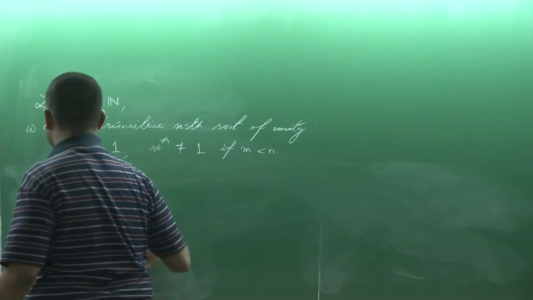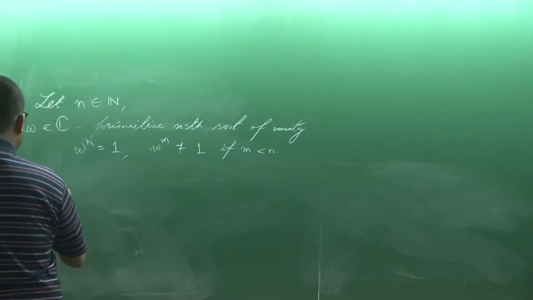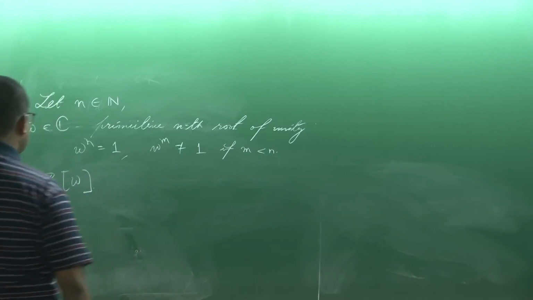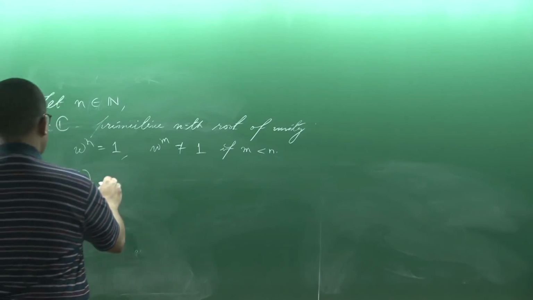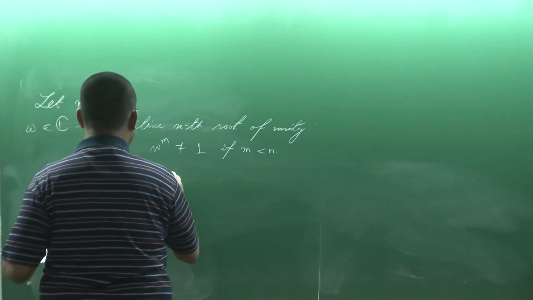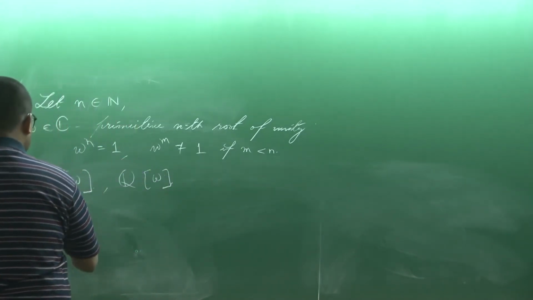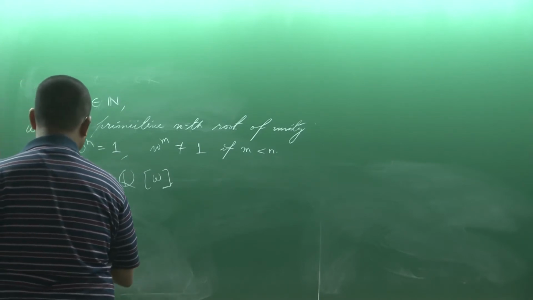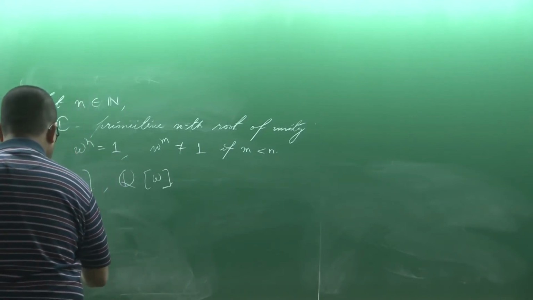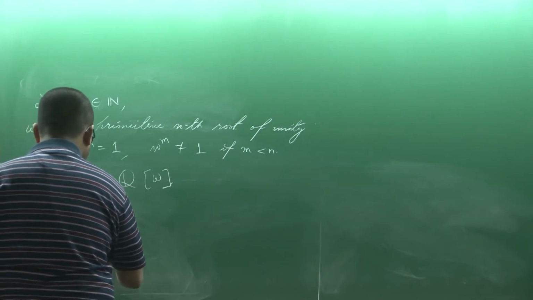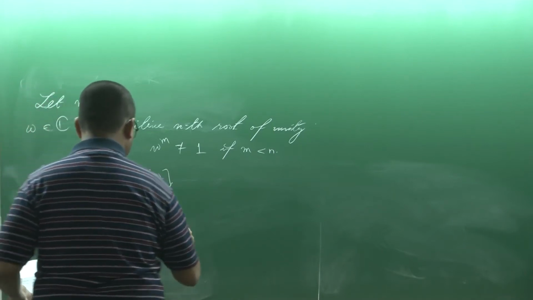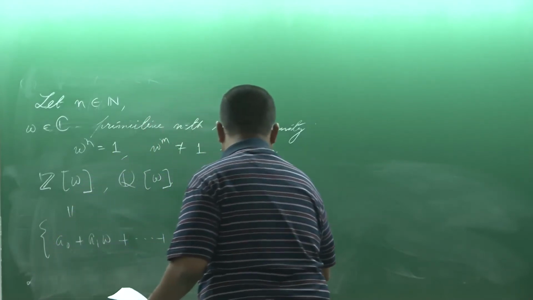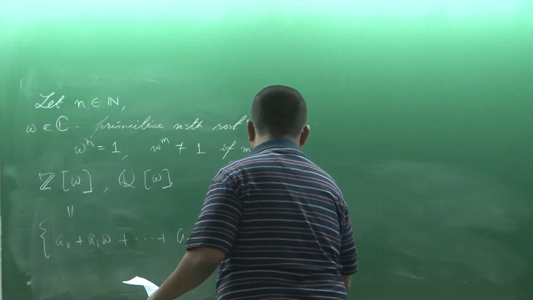See, if omega is an nth root of unity, then certainly Z[omega] is a ring, and also we can consider Q[omega], that is also a ring. So, this consists of all elements of this form: a_0 plus a_1 omega up to a_{n-1} omega to the power n minus 1, each a_i is from Z, okay.